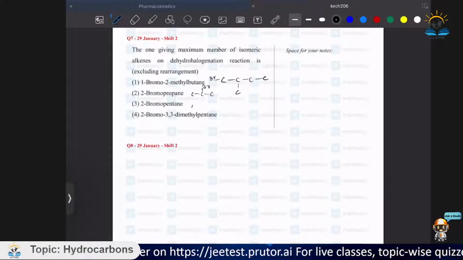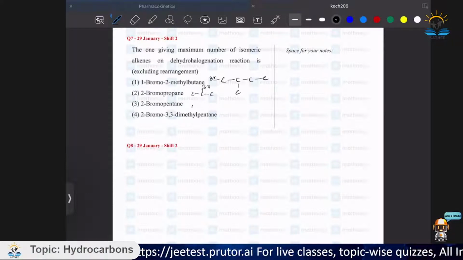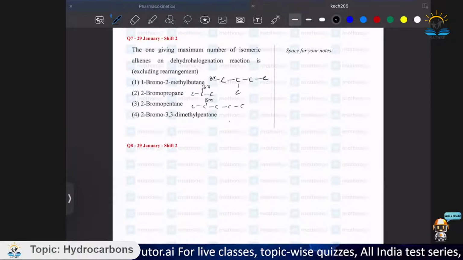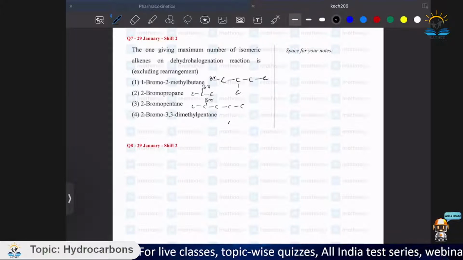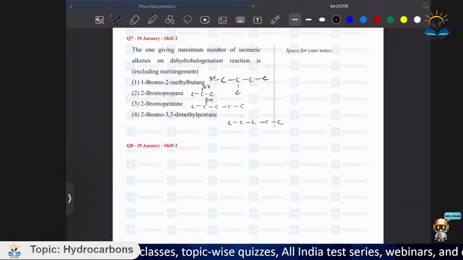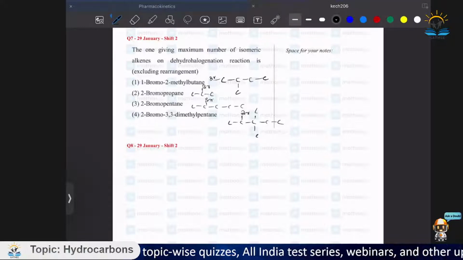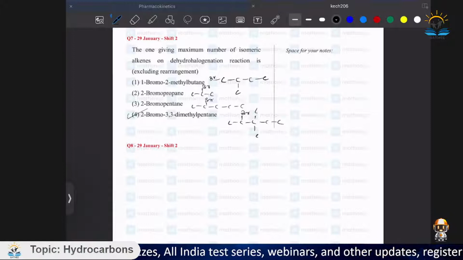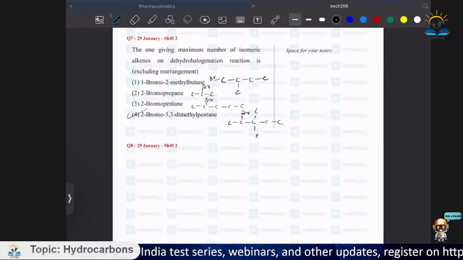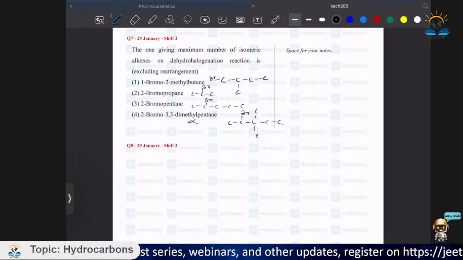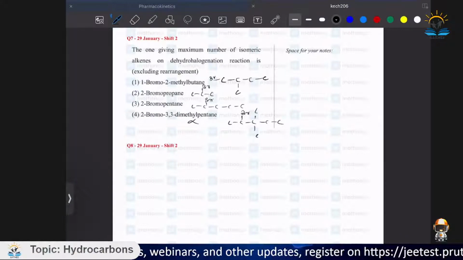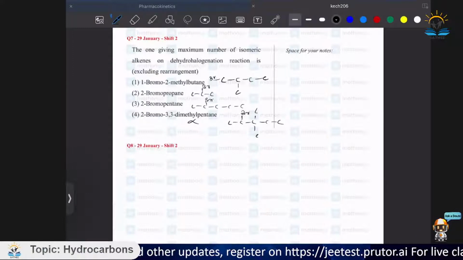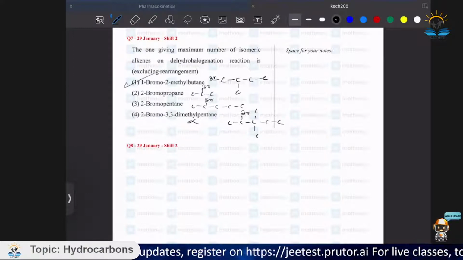This is one. 2-bromopentane. 2-bromo-3,3-dimethylpentane. So yeah, I think this one will be giving the most number of alkenes. No, dehydrohalogenation. This is not the answer. This one is the one from here, double bond here. One is the answer, I guess.